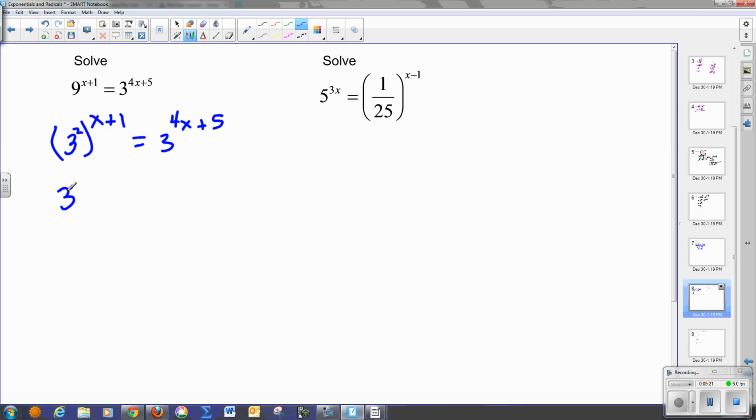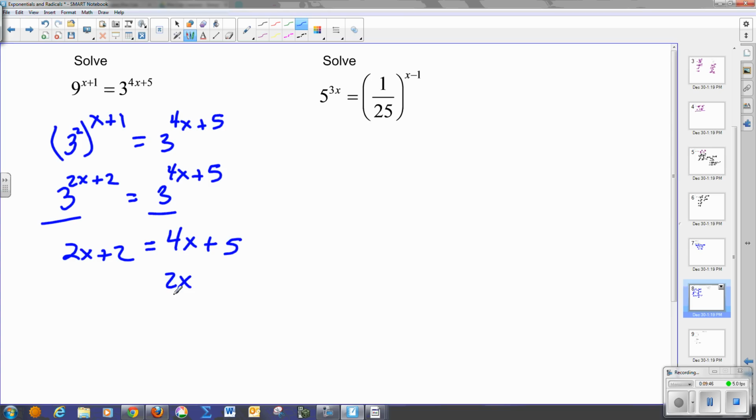That's 3 to the 2x plus 2, which is equivalent to 3 to the 4x plus 5. One term on one side, one term on another side, same base, therefore the powers must be equal. So 2x plus 2 is equal to 4x plus 5, therefore 2x equals negative 3, and negative 3 halves equals x.